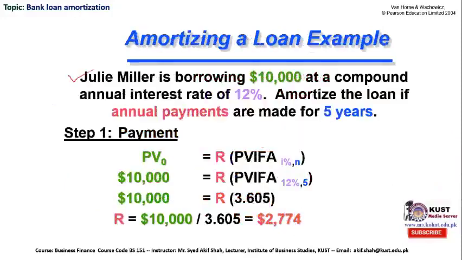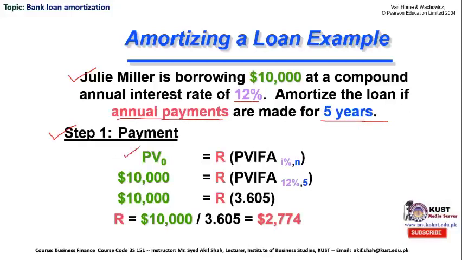We have taken the same example that Julie Miller is borrowing $10,000 at a compound annual interest rate of 12%. Amortize the loan if the annual payments are made for 5 years. The first step is to find out the payment she is going to pay to the bank at the end of each year.